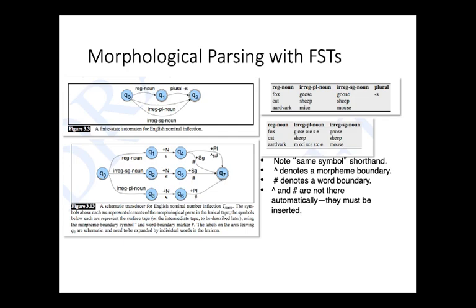That's for regular nouns. And then for irregular singular nouns, you do a similar thing, but with the singular symbol and the plural symbol being substituted for the end of word symbol.